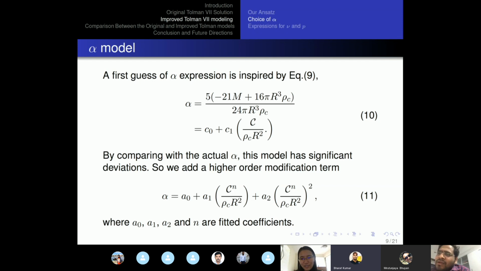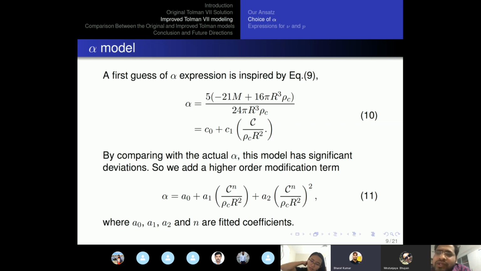I can give this answer. Whenever you are talking about a universal relation, generally they are plotting x and y, and both values should be dimensionless. If you see equation 11, c divided by rho c into r square, it is a completely dimensionless quantity.